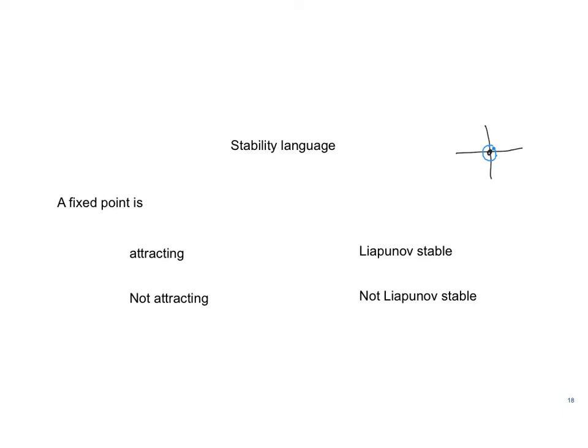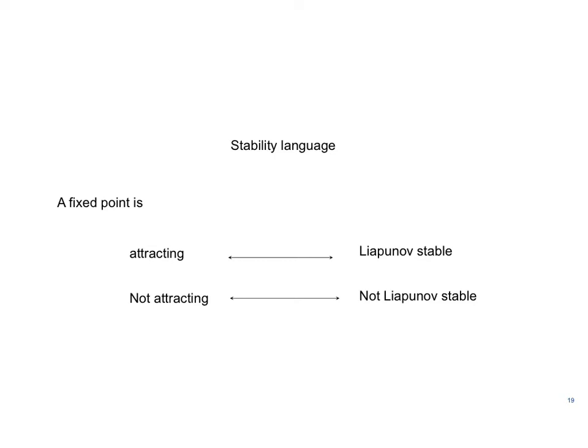So the first case that you can have is, for example, this one. You have a fixed point that is attracting and also Lyapunov stable. And this is actually somehow obvious because you can just select any kind of attractor as the one we just showed, and they will be Lyapunov stable because they're actually converging to the fixed point.